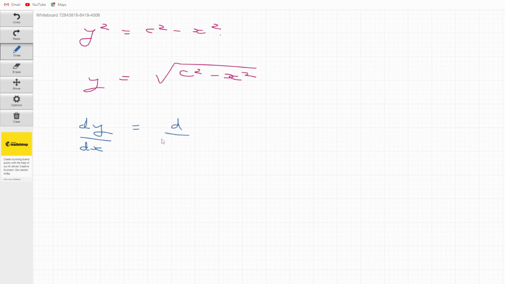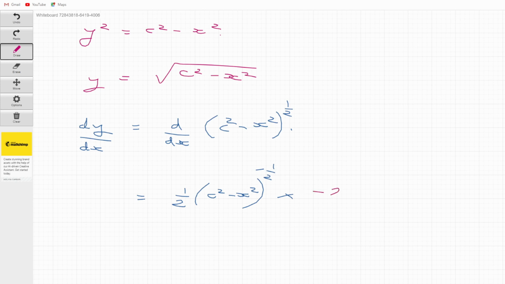And now I'm going to have to differentiate c squared minus x squared to the power a half. And when you differentiate something like this, you bring the power to the front. You reduce the power by 1.